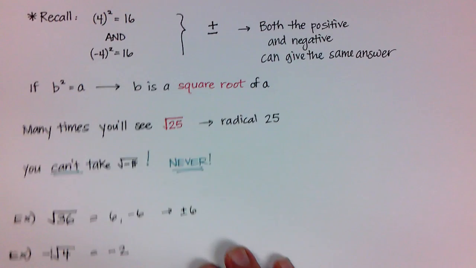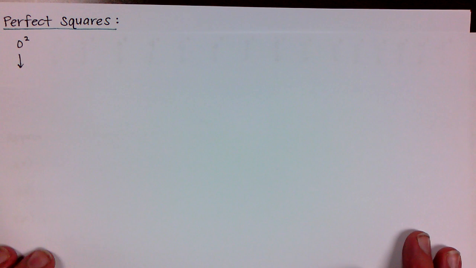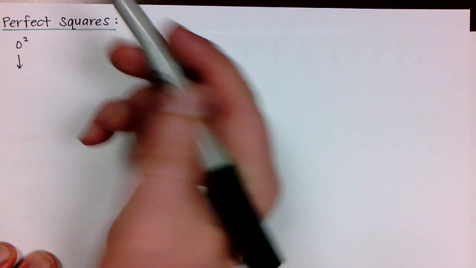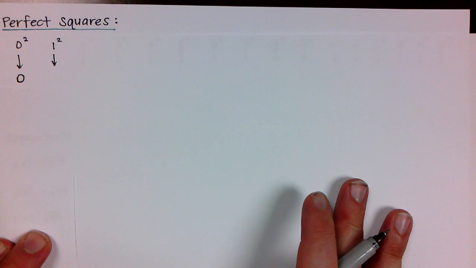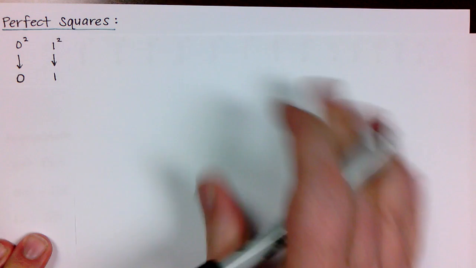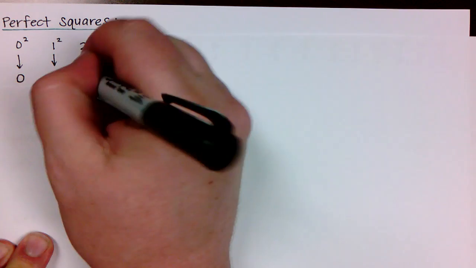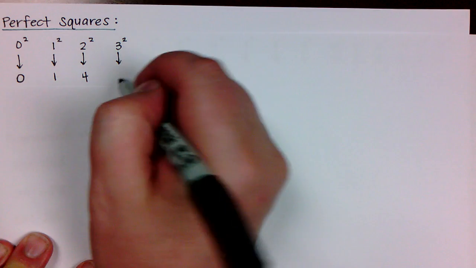Let's do some stuff that you've done before. Let's talk about perfect squares. So if I were going to square 0, 0 times 0 is just 0. Easy. 1 squared is 1. 2 squared, that means 2 times 2 is 4. 3 squared is 9.